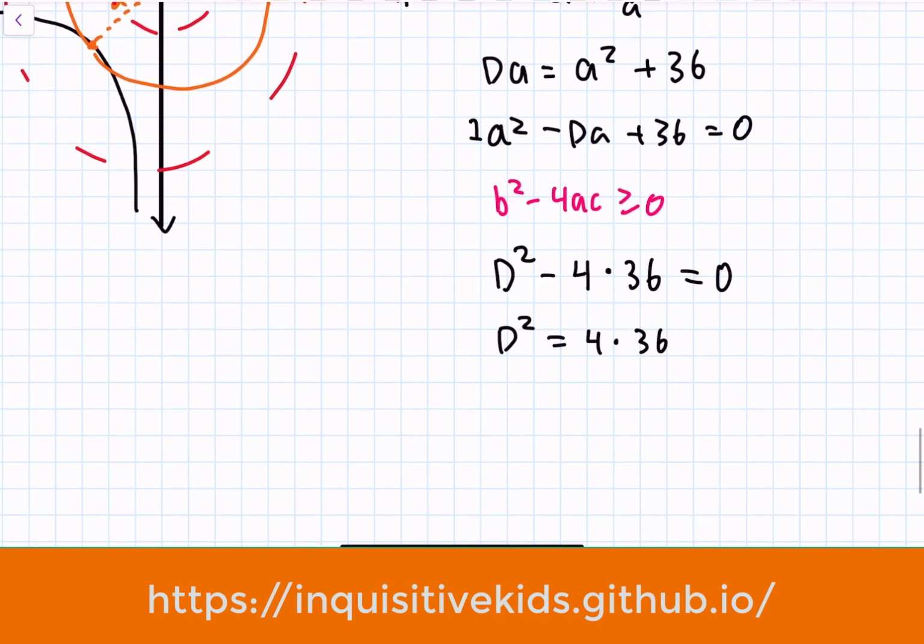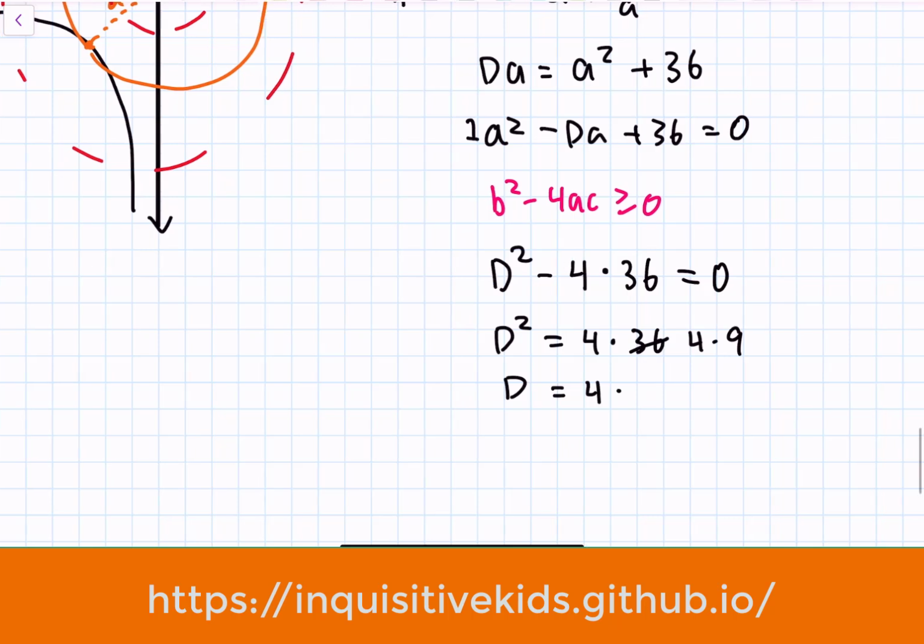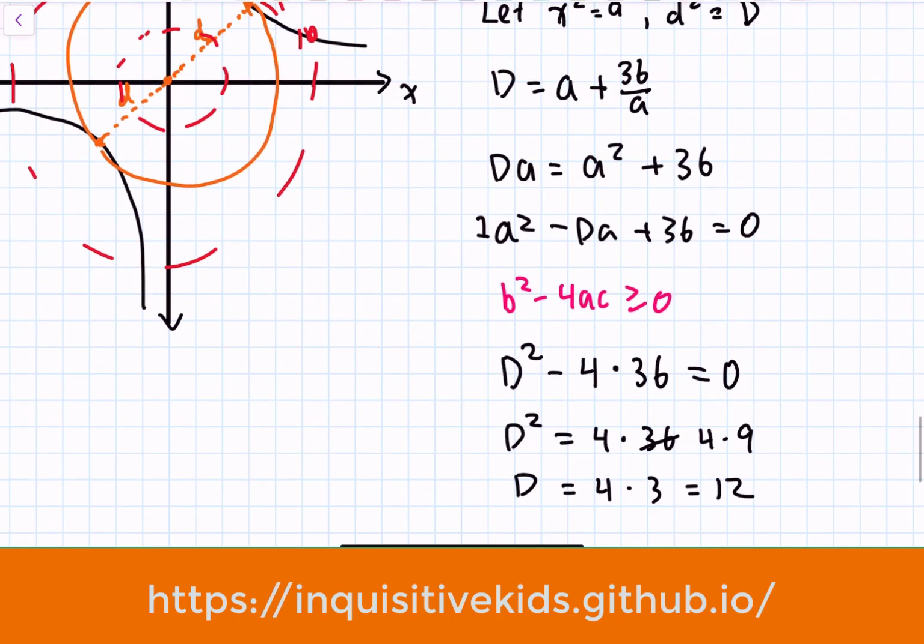And then we can take the square root of both sides. So D is equal to, you can take this 36 and turn it into 4 times 9. So D would be 4 times the square root of 9, which is 3, which is 12. But we still have to go back to our original goal, which is to find what the lowercase d is.